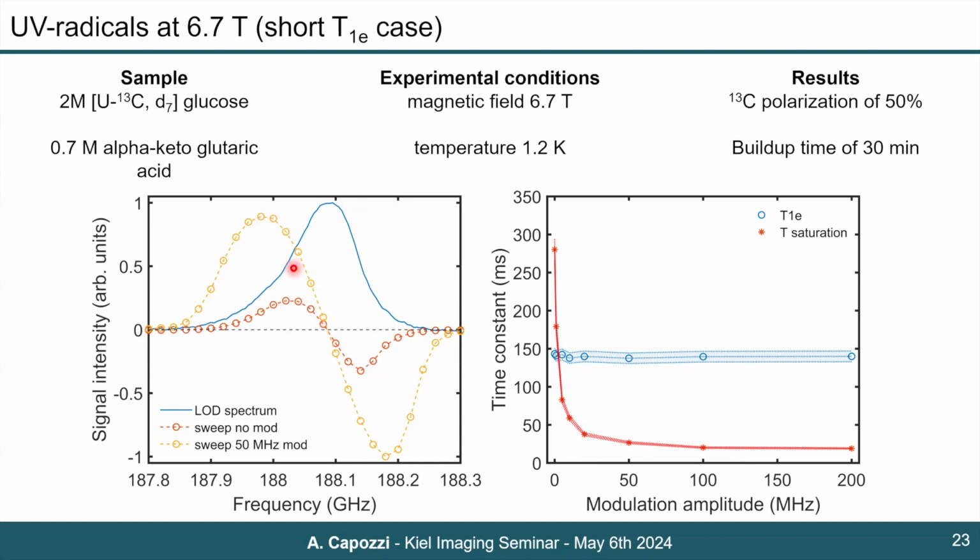So also with inexpensive radicals like these UV-induced radicals on commercially available molecules, if you use your tools carefully, you can achieve very high polarization, so 50% polarization on carbon with a build-up time that is relatively short.